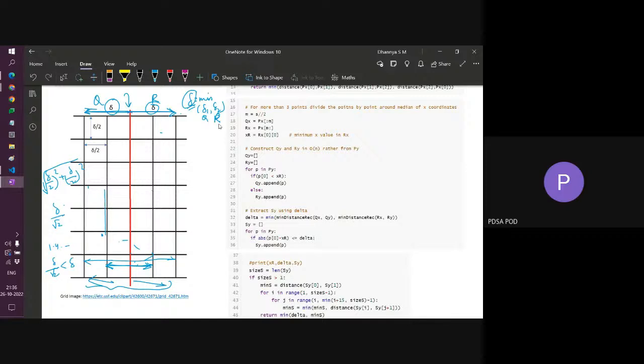It reaches here, it has covered delta. Am I making sense? Yes, ma'am. You can't go beyond this, right? So even if you are in the worst case on the borders of these squares, you cannot go more than 3 rows. 1, 2, 3. Maximum you can go is these 3 rows until here.